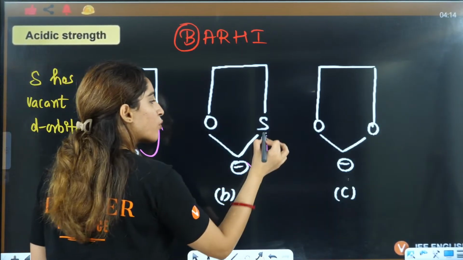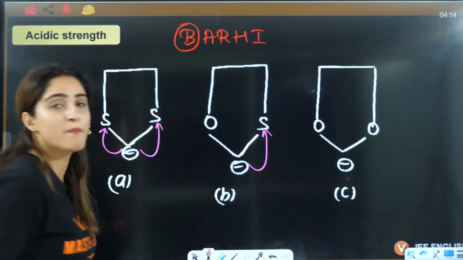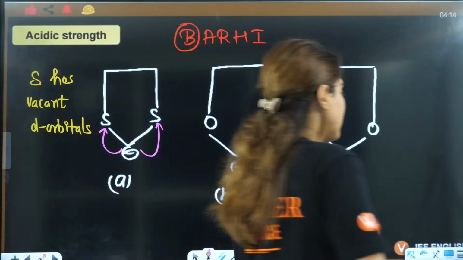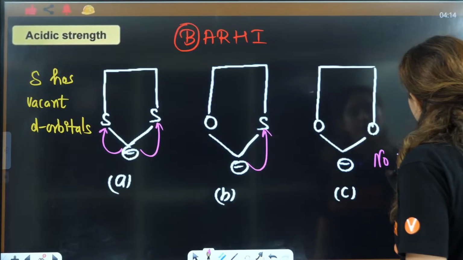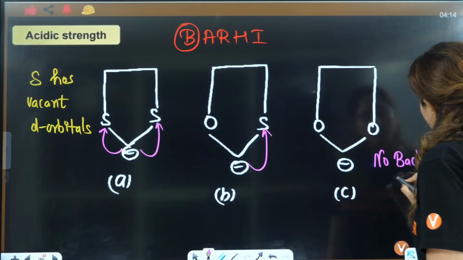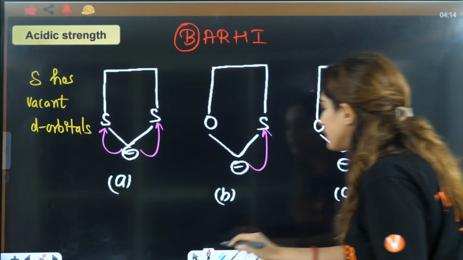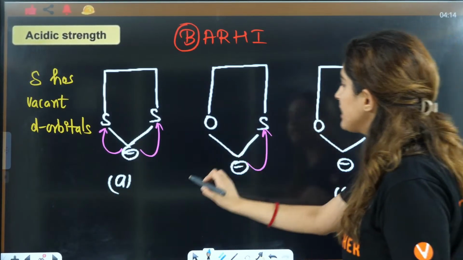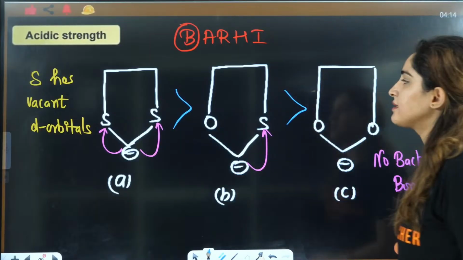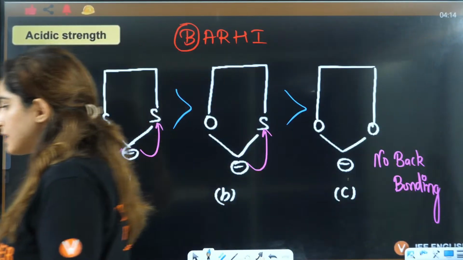Here it can show back bonding only through one. Here there is no back bonding because oxygen does not have any vacant orbitals. That is the reason that A is greater than B and then C. So the answer will be ABC.